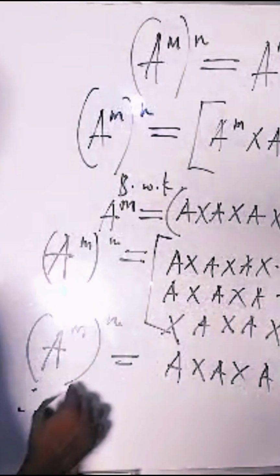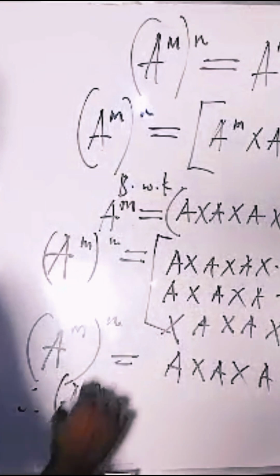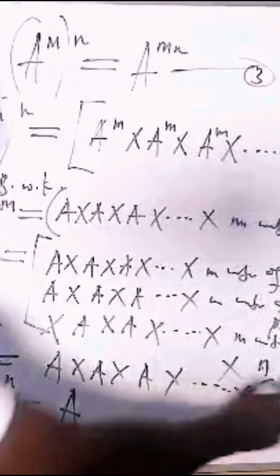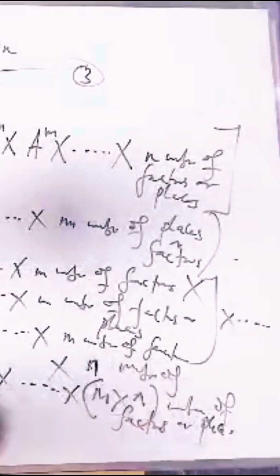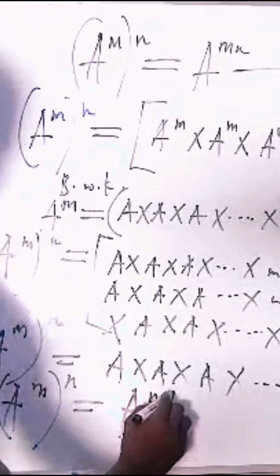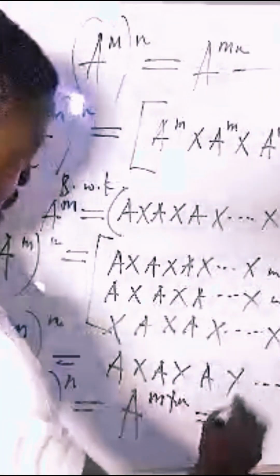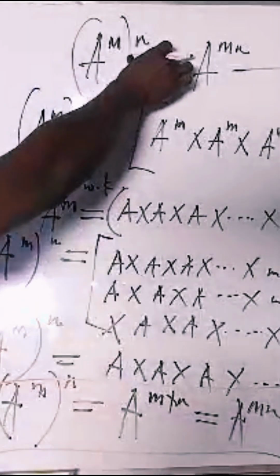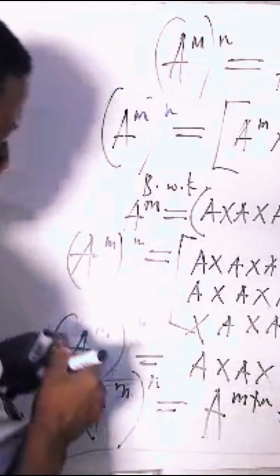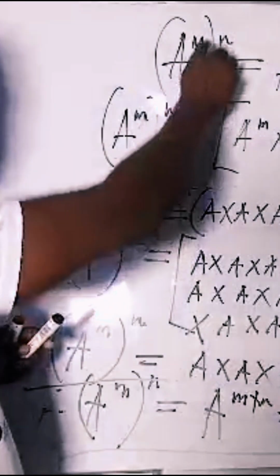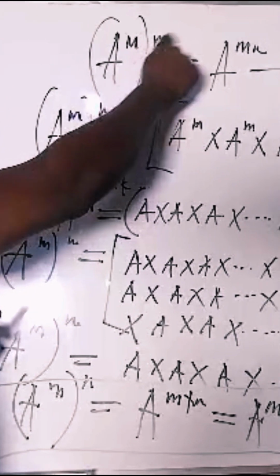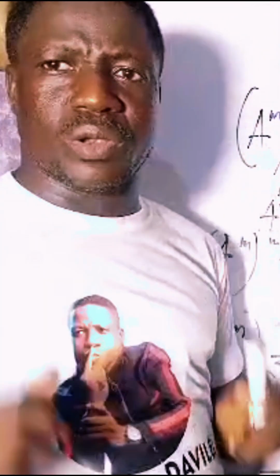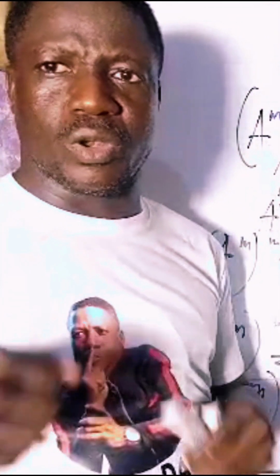So finally we have a raised to the power m, enclosed in brackets, raised to n, becomes, taking one of the a's, a raised to the power m times n number of factors, which is m times n, which is as good as a raised to the power mn. This conforms with the third law of indices. Consequently, indeed, a raised to the power m, enclosed in brackets, raised to n, is as good as a raised to m times n. This is the third law of indices, I mean the derivation of the third law of indices.